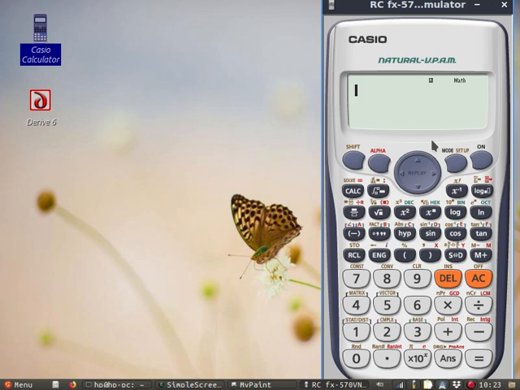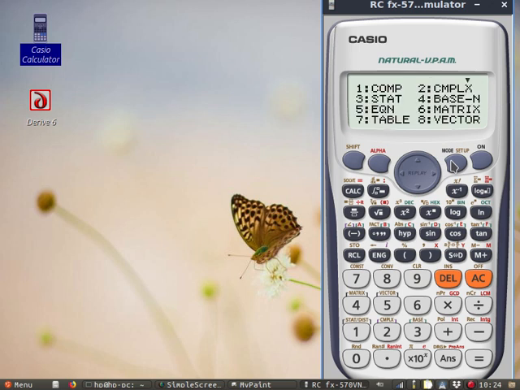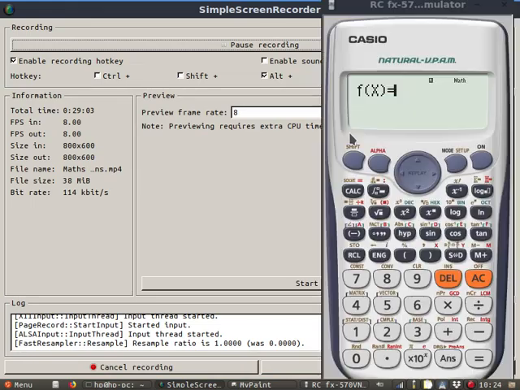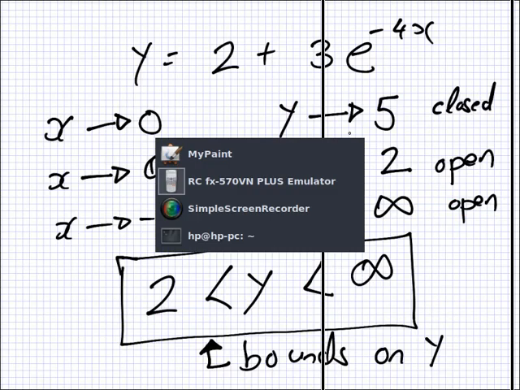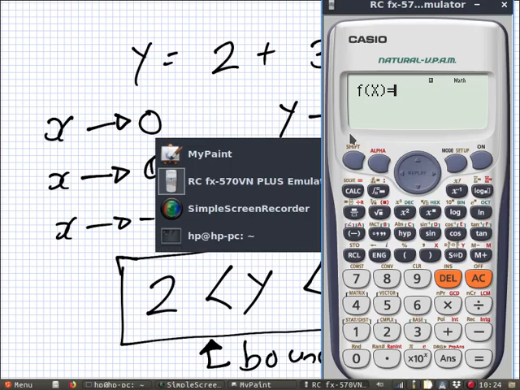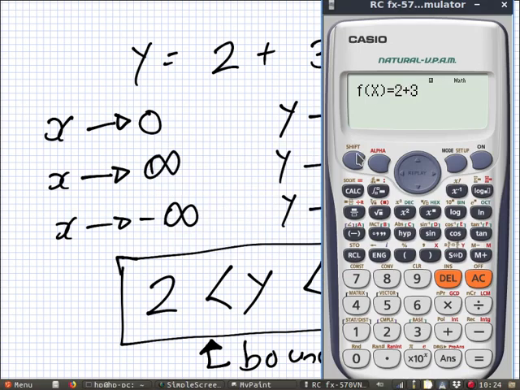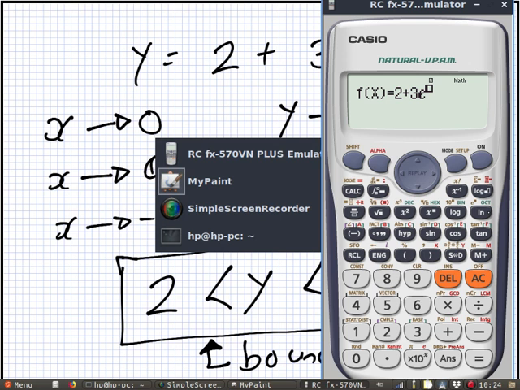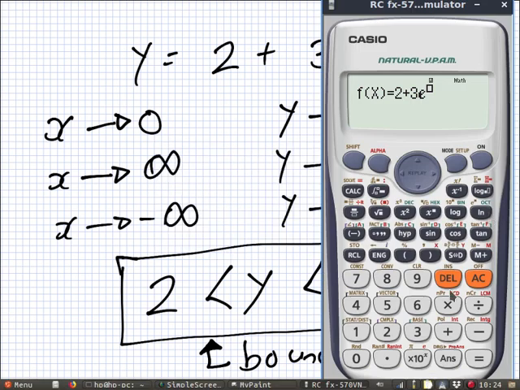Okay. So, if I go mode, table. Now, I typed this: 2 plus 3 e power minus 4 alpha x.